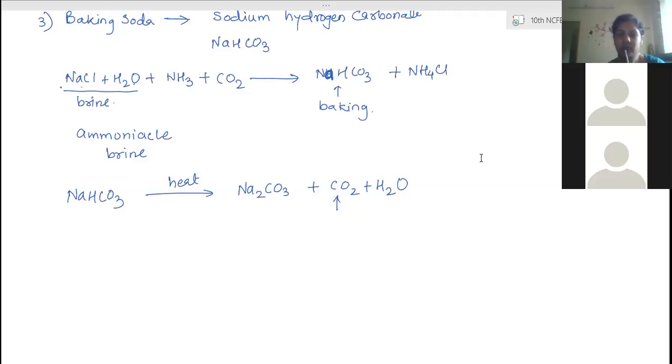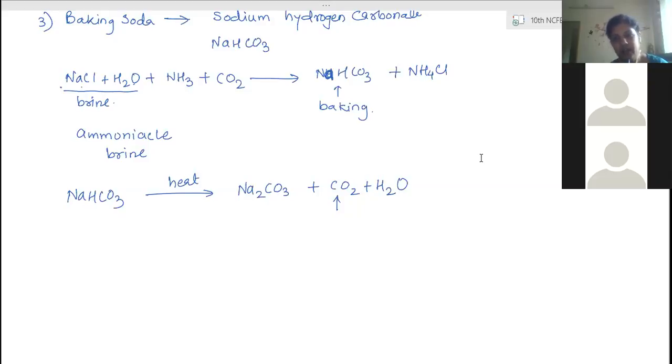When we add baking soda, sodium carbonate is formed, which is basic in nature. So to neutralize that base, acid is present, so the bitterness can be removed.